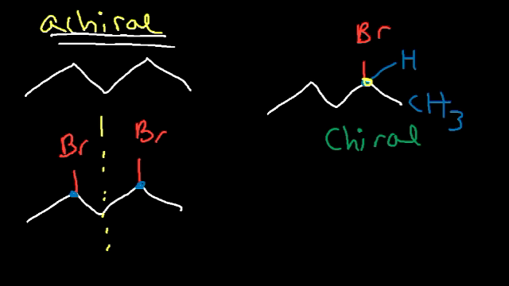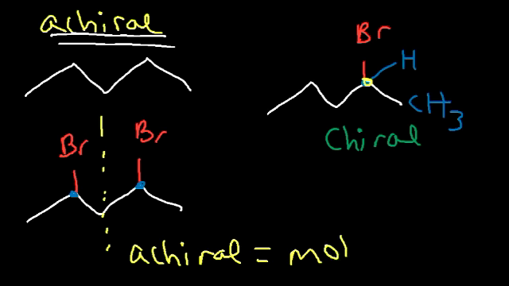So even if we have chiral centers, if the entire molecule is symmetrical, then the molecule is achiral. But the carbon atoms are chiral. Consider this molecule. Determine the number of chiral centers found in this molecule.